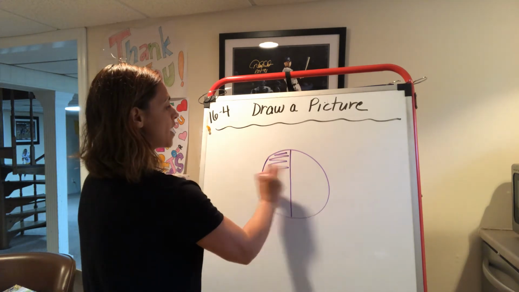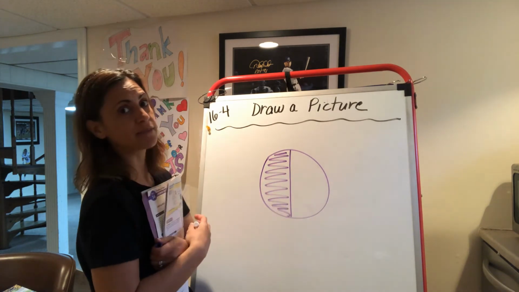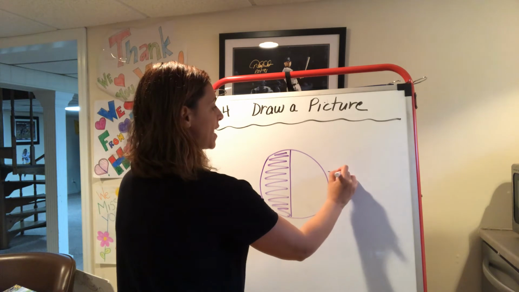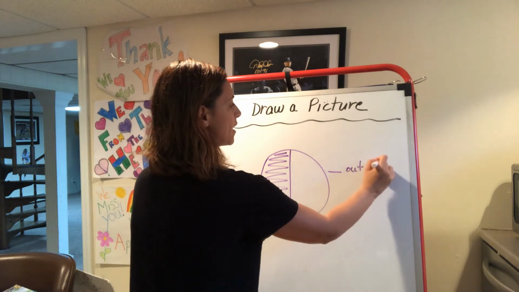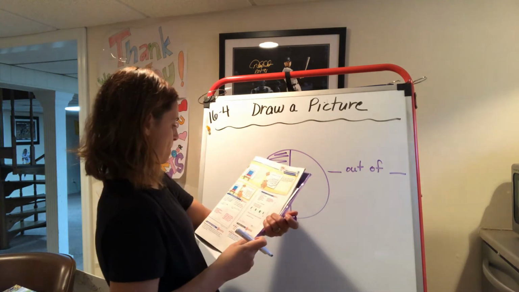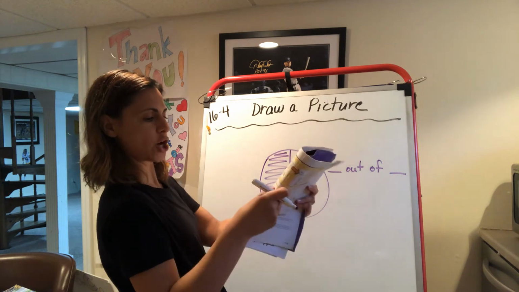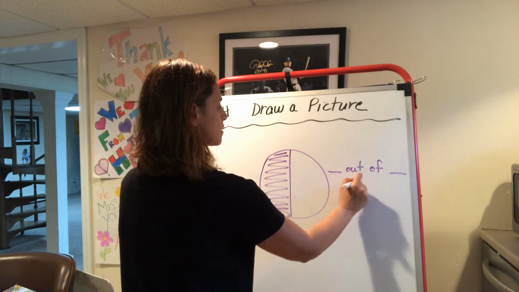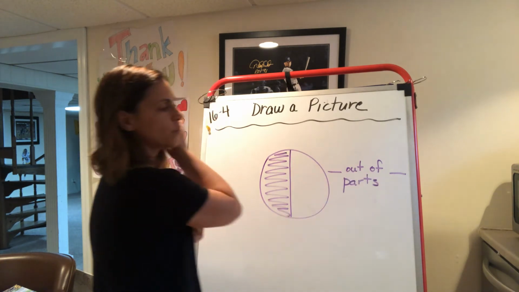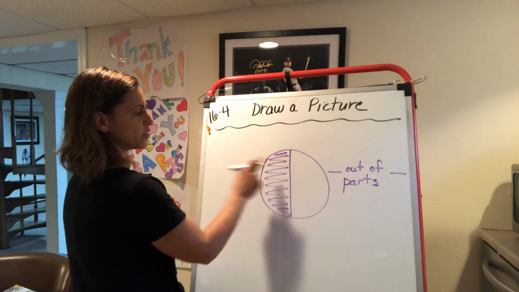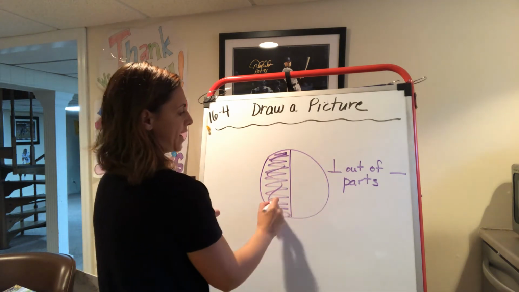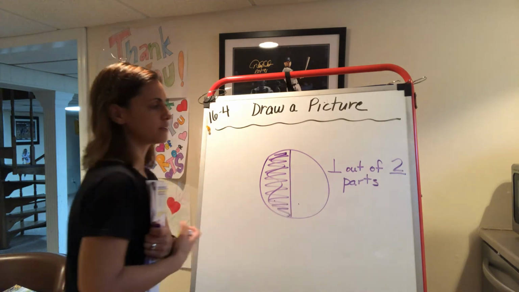She eats one part of the pizza. Blank out of blank parts were eaten by Tracy. So 1 out of 2 parts were eaten.